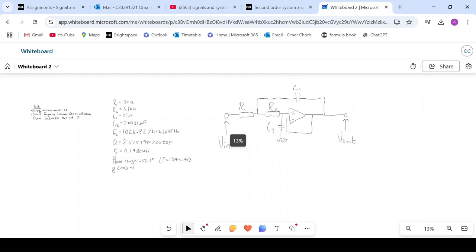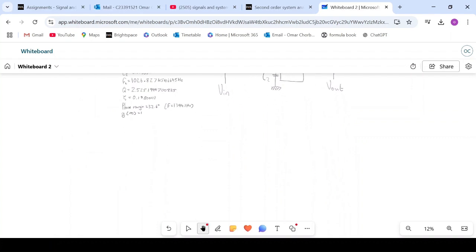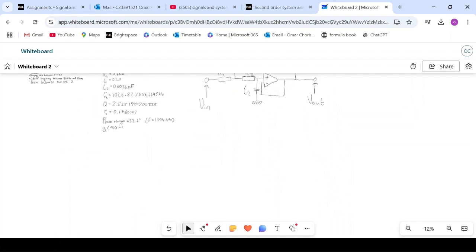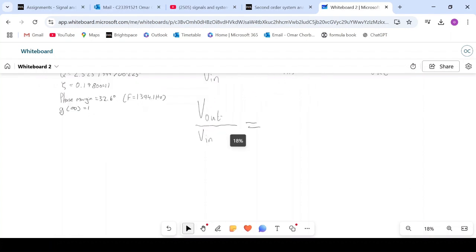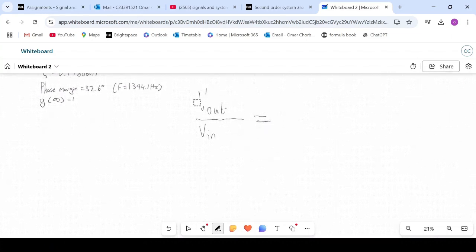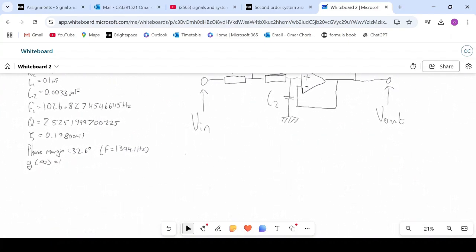Perfect. So next, after showing the circuit diagram, we'll look at the transfer function of the circuit. The transfer function is V out over V in, and I'll do it in the components first.